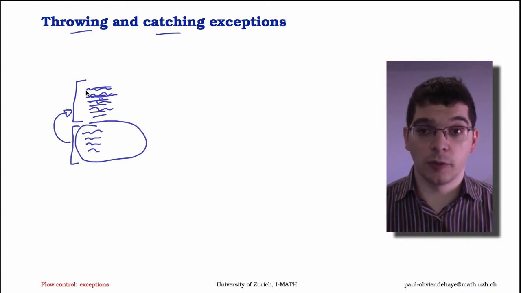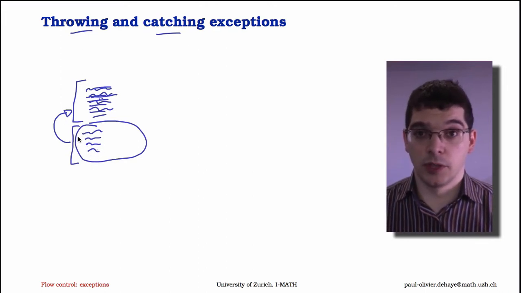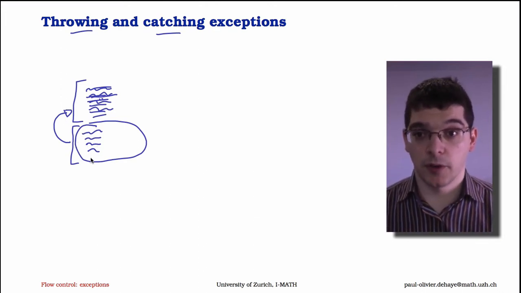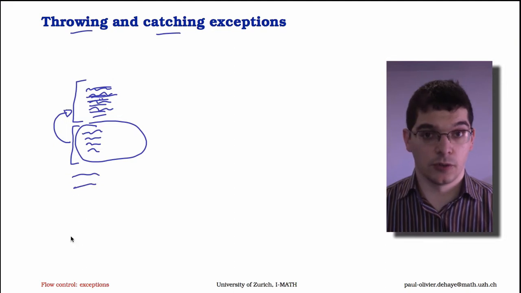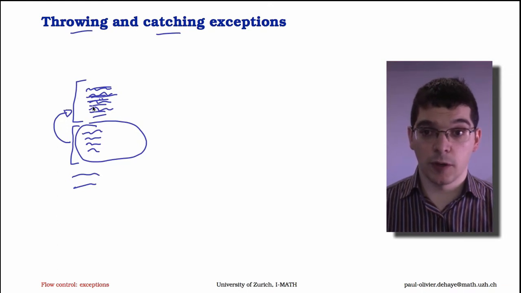But in normal operation, no exception is thrown, so this code always executes. And then this part has no reason to be executed because no exception is thrown, so you just jump and go on to the remainder of the code. Okay, so this is a simple exception with just one block throwing exceptions that are caught right after.